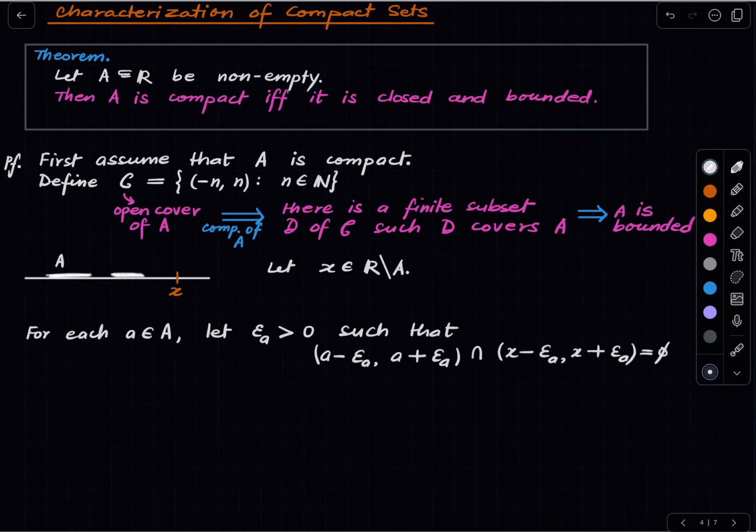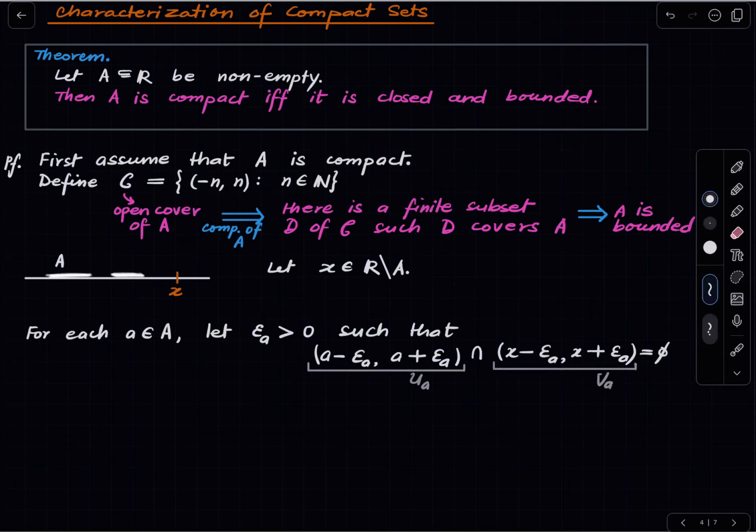And now define script C as the collection of all these. Let's give this a name so that we don't have to write too much. This thing will be called U_a, and this thing will be called V_a.